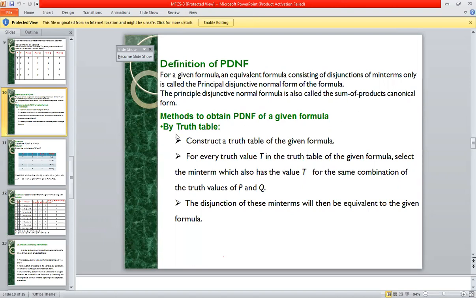Methods to obtain the PDNF of a given formula. The first method is by truth table. Construct a truth table of the given formula.